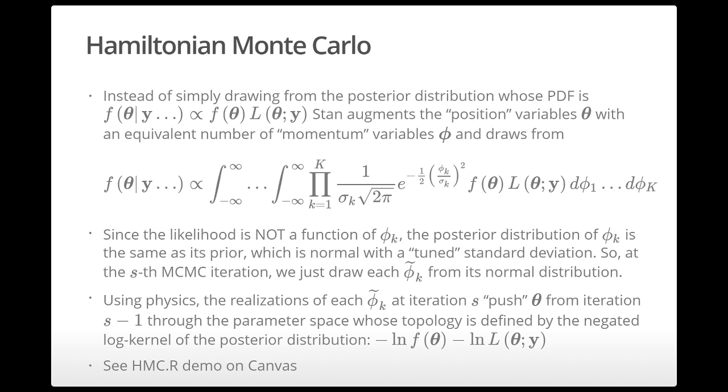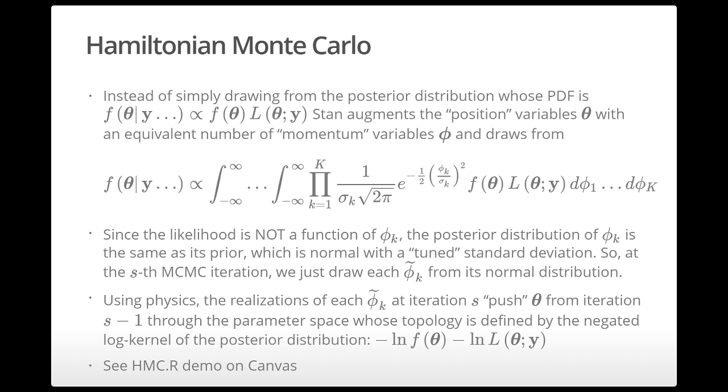So you can choose that to be whatever you want, and what Stan chooses is a normal distribution for phi with mean 0, and it can tune the standard deviation in order to achieve better effective sample size and fewer warnings. So anyway, the momentum parameters are just being drawn independently from normal distributions by default.